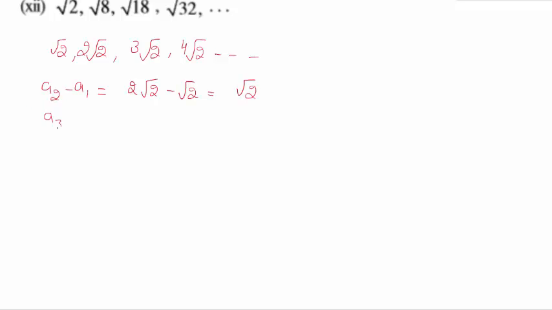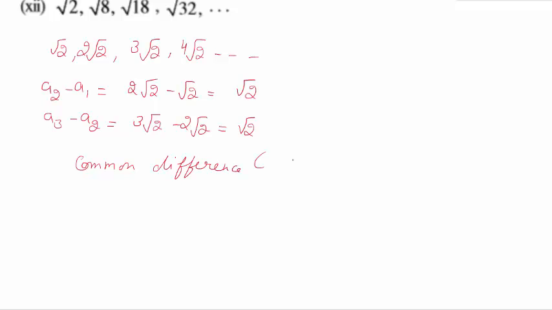Now find A3 minus A2. This will be 3 root 2 minus 2 root 2, and this equals root 2. Similarly you will find A4 minus A3 will also equal root 2. So this is in AP, and the common difference, that is small d, is root 2.